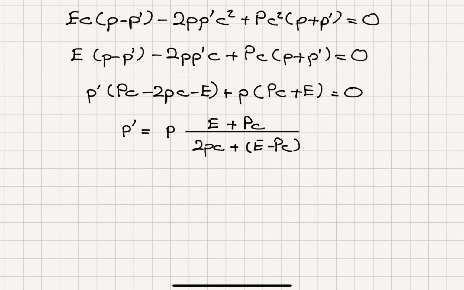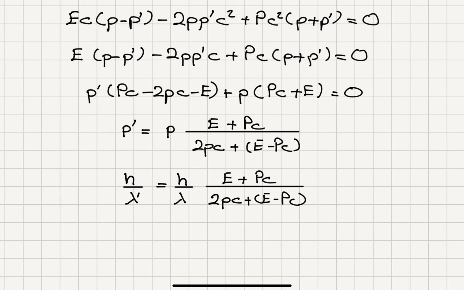Now p prime is h divided by lambda prime. This is equal to p, which is h divided by lambda. And then here I have capital E plus capital P c over 2pc plus capital E minus capital P c.